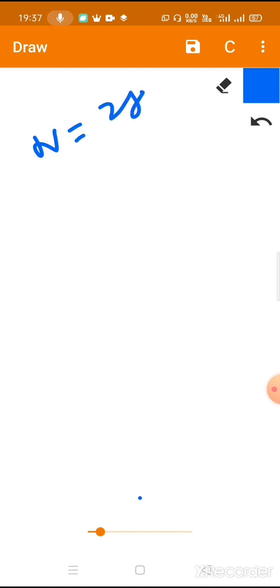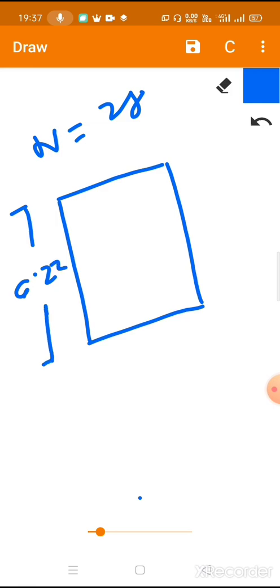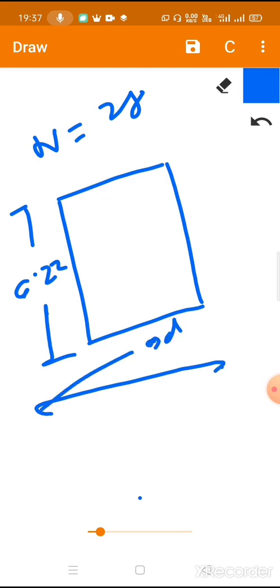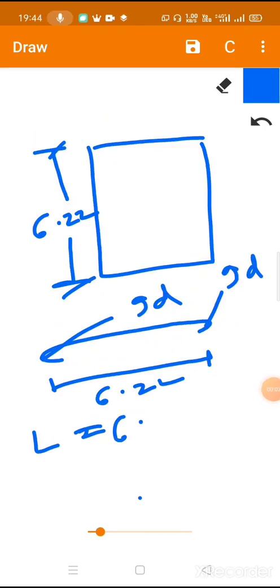Now we need to find out the length of one distribution bar. This was 6.22. The distribution bar is provided like this. There are two hooks. One hook is 9 times the diameter of the rod, and the total length is 6.22. So the length will be 6.22 plus 18 times the diameter of the rod. Diameter is 10 millimeter, that means 0.01 meter.